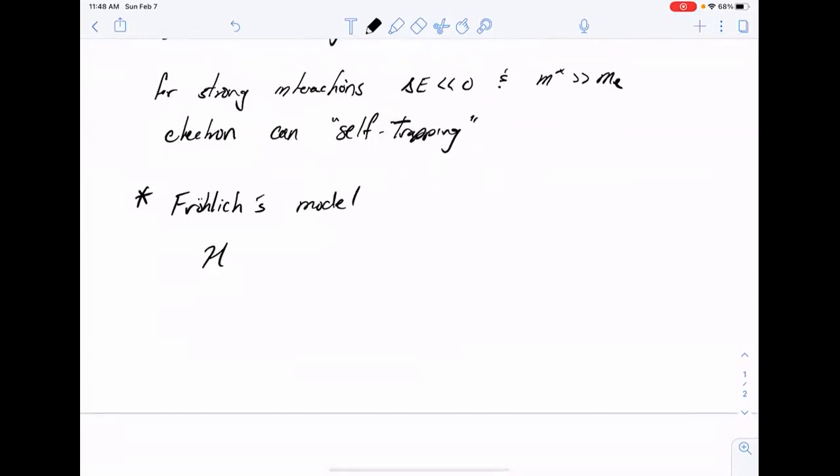He said that, well, maybe you could describe this electron as a sum of three terms. I have some kinetic energy for the electron. Maybe at low enough temperatures, I can imagine that the lattice is really made out of harmonic oscillators.